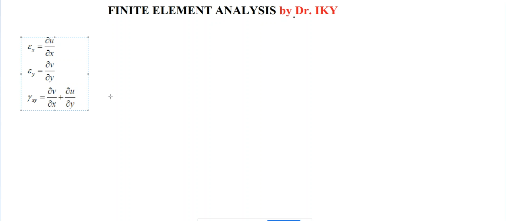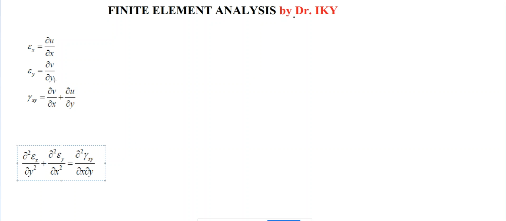Instead of a 6 by 1, you will use a 3 by 1 vector. And the above expression can be written in a combined form, like this one. This is the combined form of the above equations.